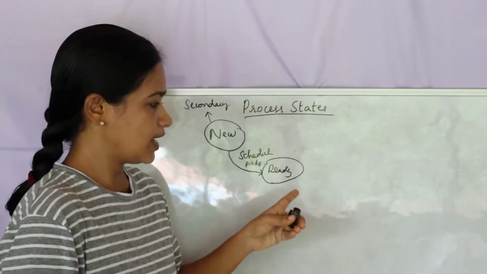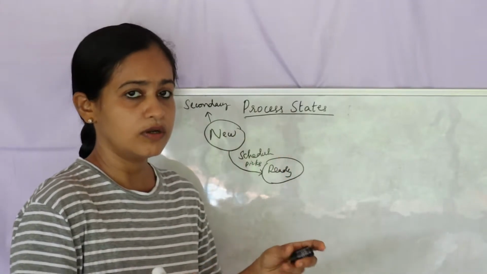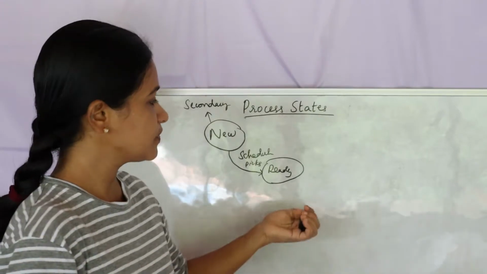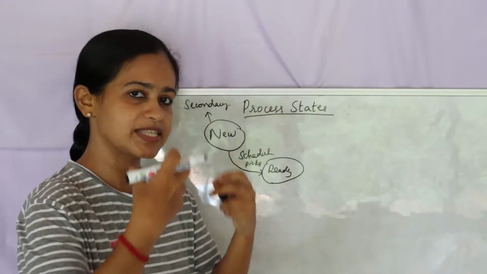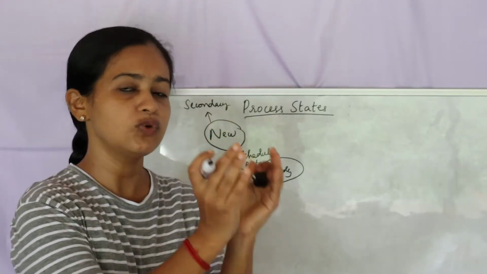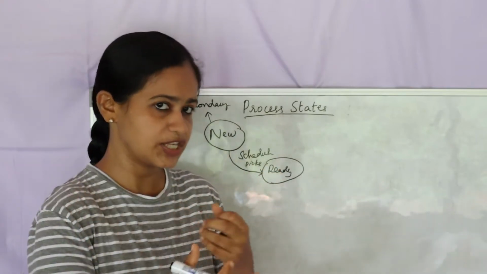So, what happens when the CPU is available? A scheduler, which is also known as CPU scheduler or short-term scheduler, looks at the ready queue and it picks a job, and a dispatcher assigns CPU to that particular process. Then the process can start its execution.